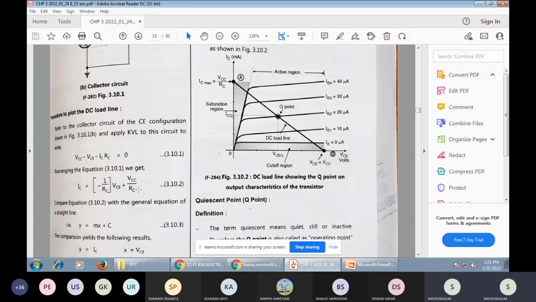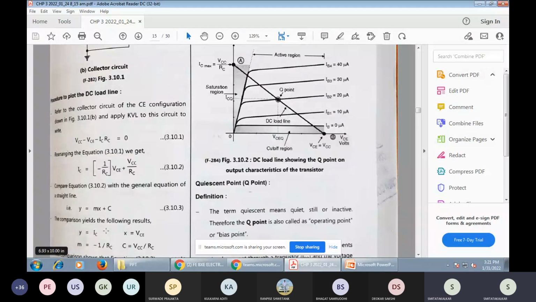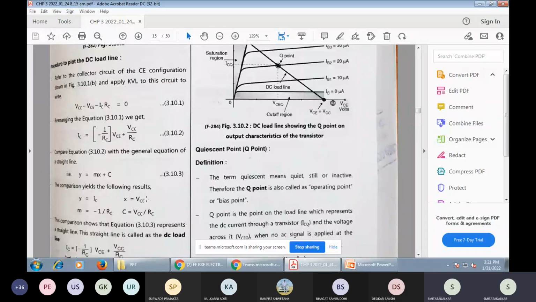And this equation you can arrange as a straight line equation. IC is equal to Y, M is equal to minus 1 divided by RC, and VCE is the X. You can see here equation 3.10.3. X is VCE, plus C, which is VCC divided by RC.